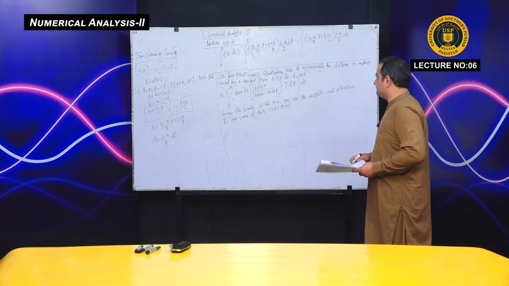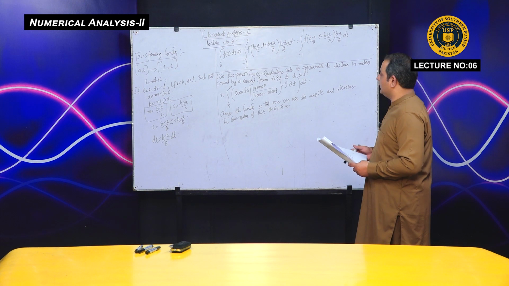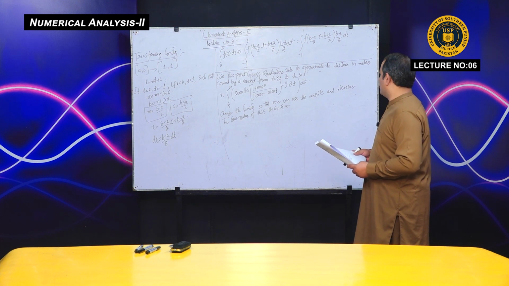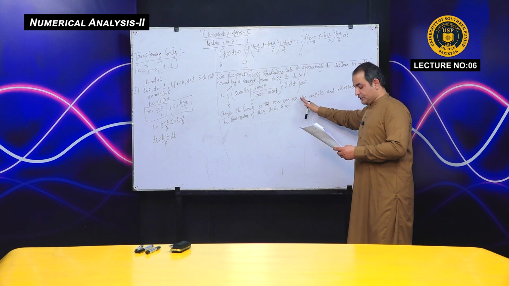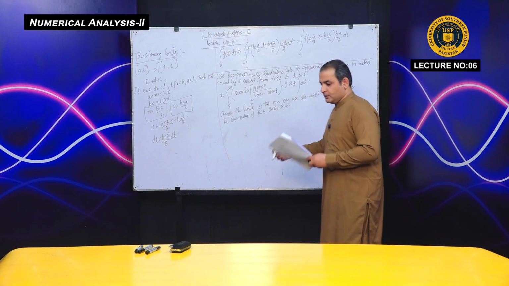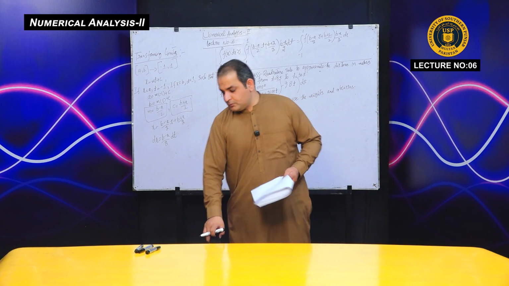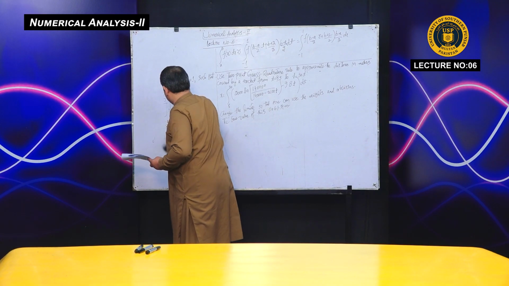Basically, you have to use the 2-point Gauss quadrature formula, so you have to change the limits of integration. So basically, let me erase this.